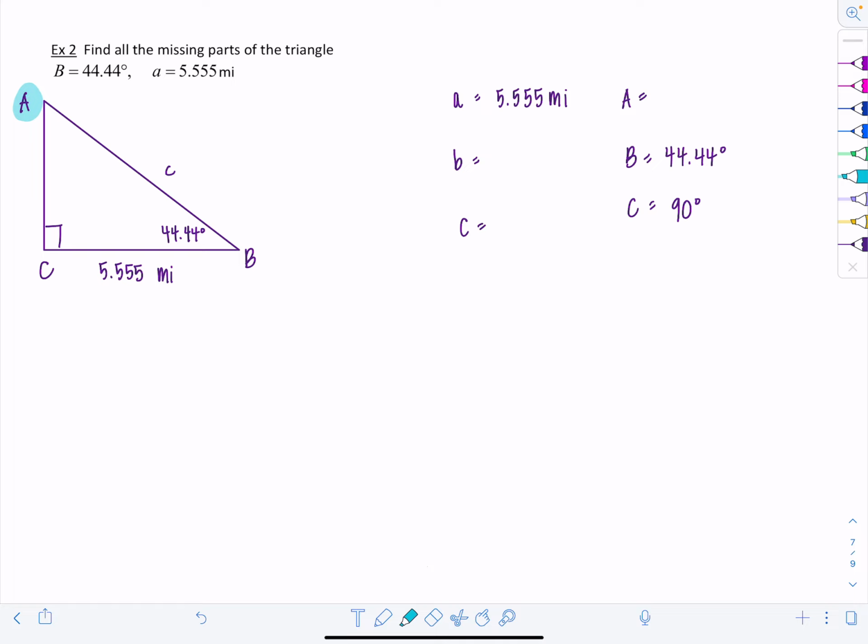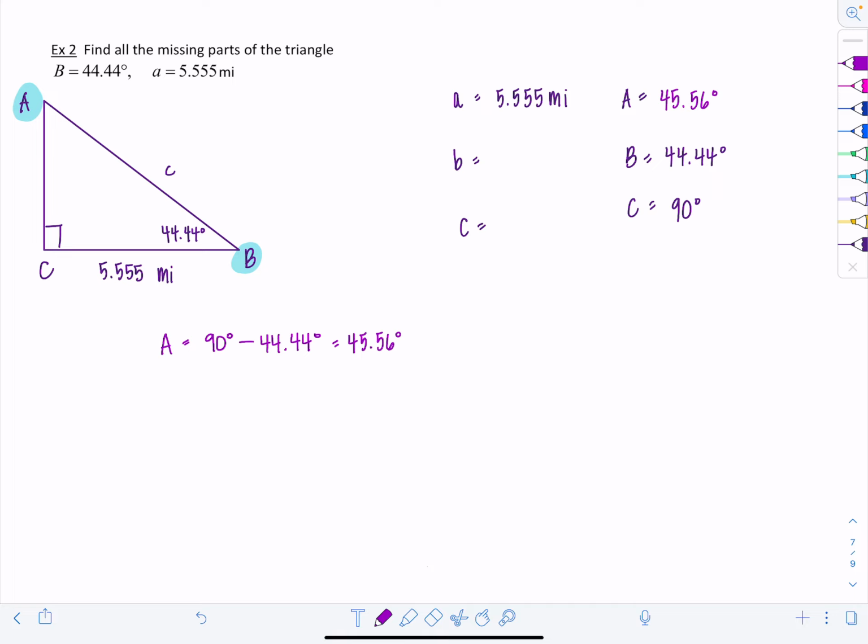If I'm working with the right triangle, the two acute angles have to add up to 90. So straight away, I can get angle A. Angle A is going to be 90 minus 44.44 degrees. Okay, so 90 minus 44.44 is 45.56 degrees. So I'll label that in here, 45.56 degrees.